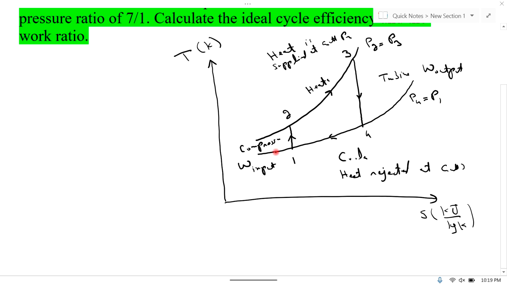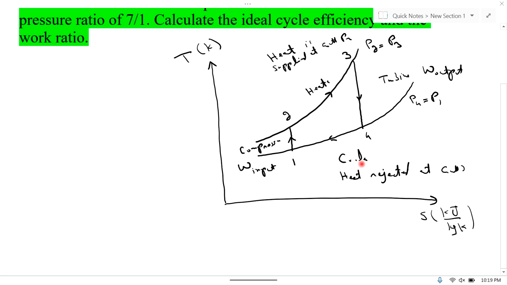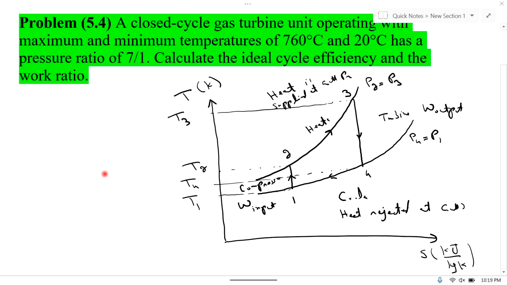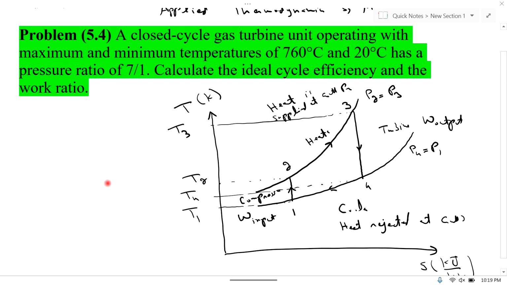The maximum temperature in this cycle is T3, the minimum temperature is T1, and these are T4 and T2. T3 and T1 are given to us. Now I can write the data with the help of this cycle.